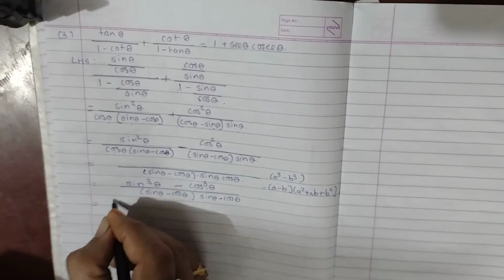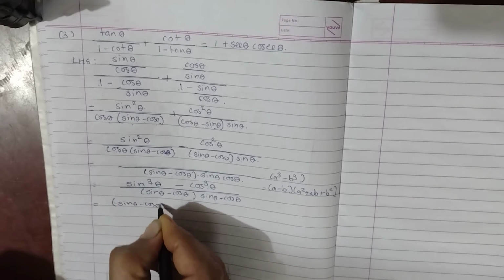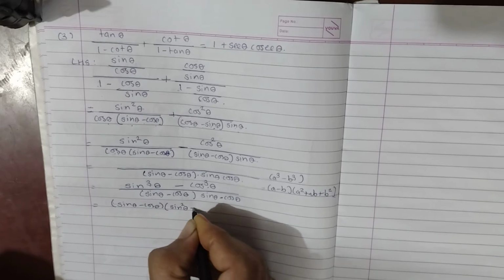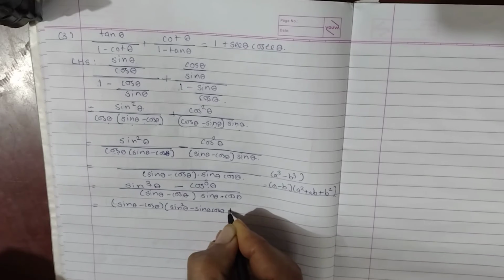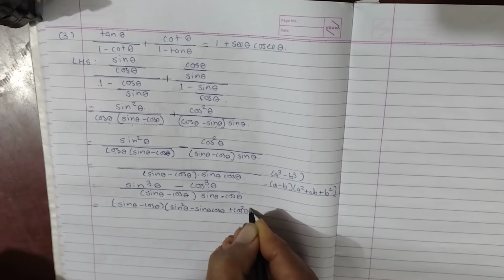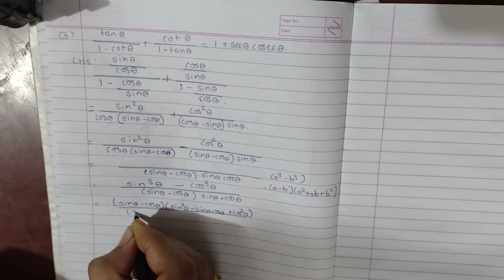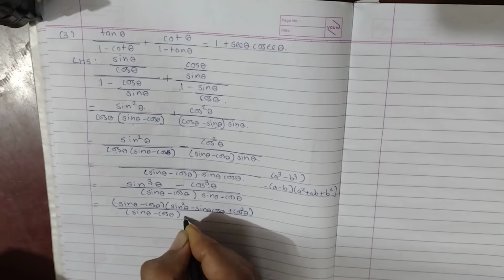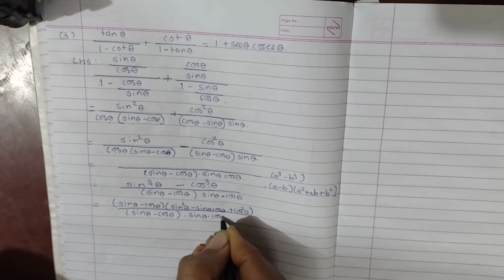First we write a minus b, so sin theta minus cos theta, and the second factor is sin square theta plus sin theta cos theta plus cos square theta, upon sin theta minus cos theta, and the denominator is the same, sin theta into cos theta.